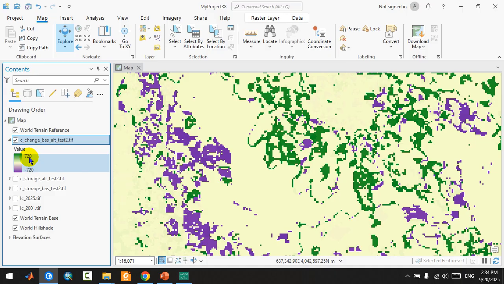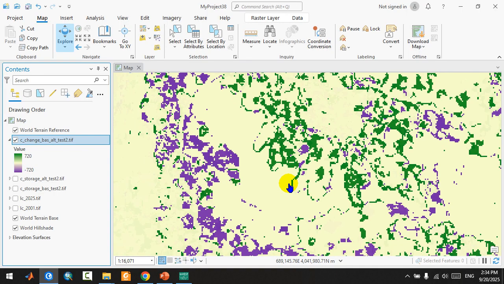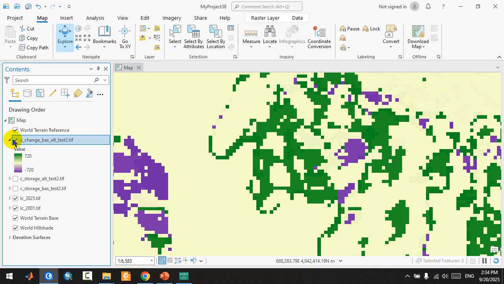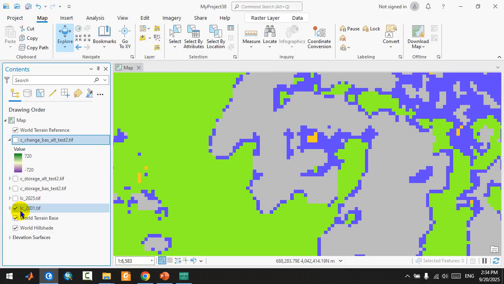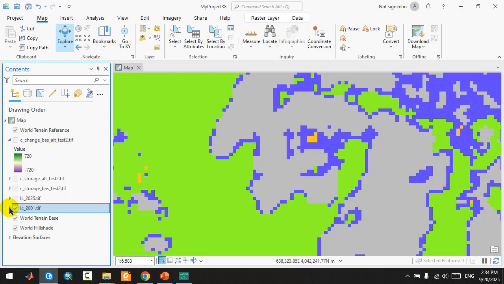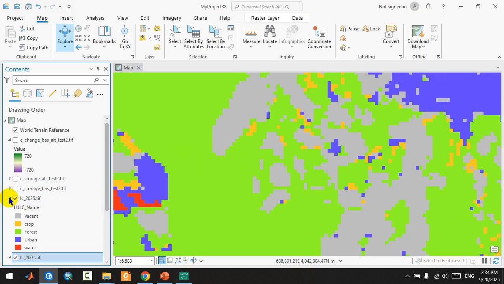Okay, and the change is 720 metric tons of carbon storage and sequestration in this area, because in the LULC for 2025 this pixel, this area in 2001 was vacant and urban, but in 2025 this area changed to forest.